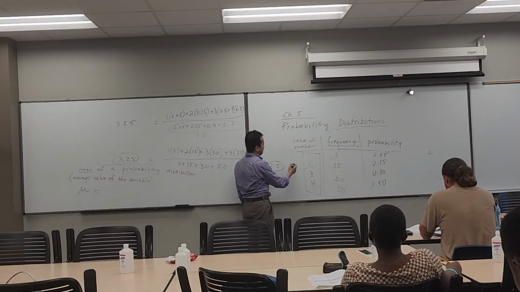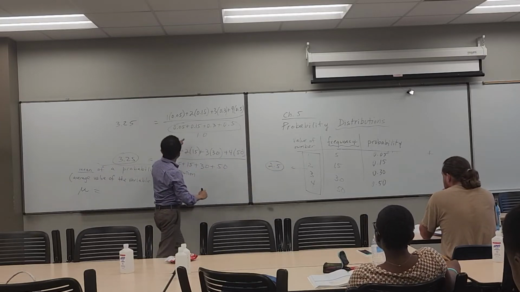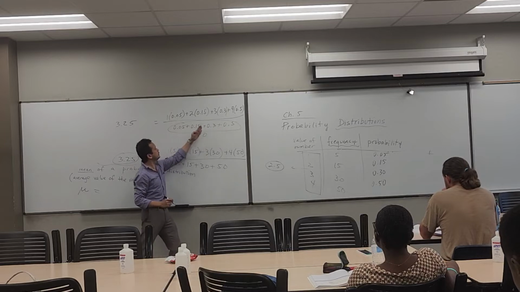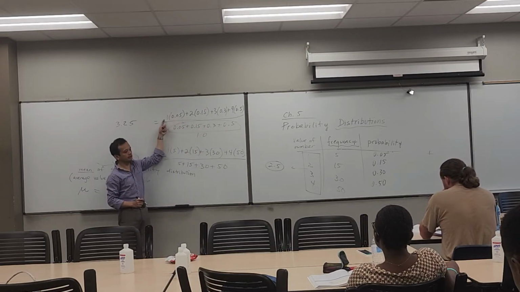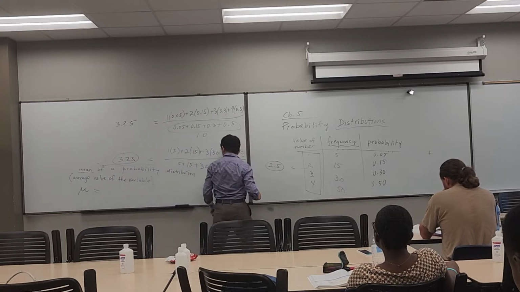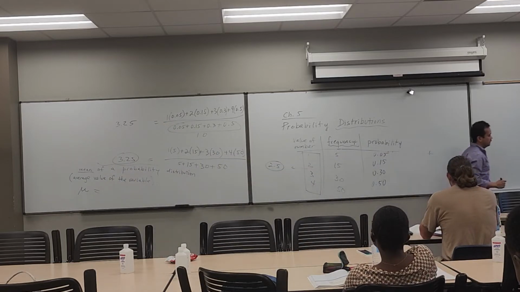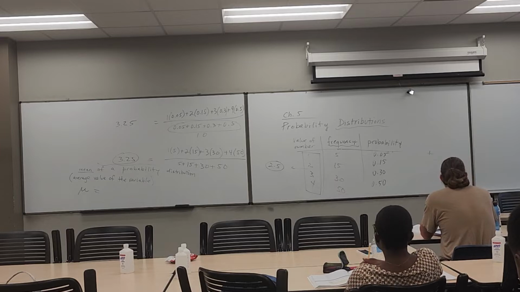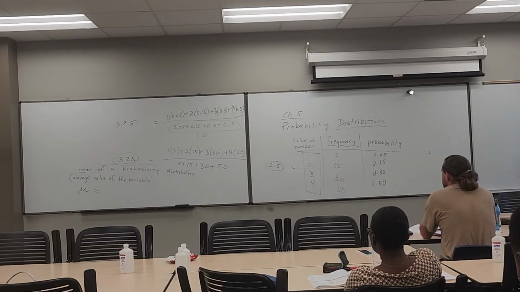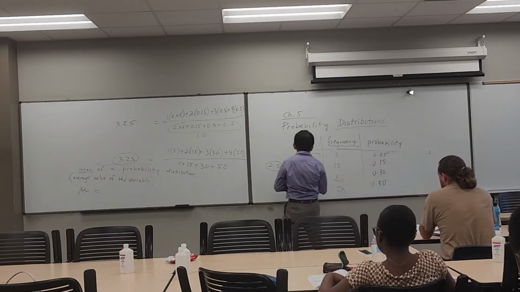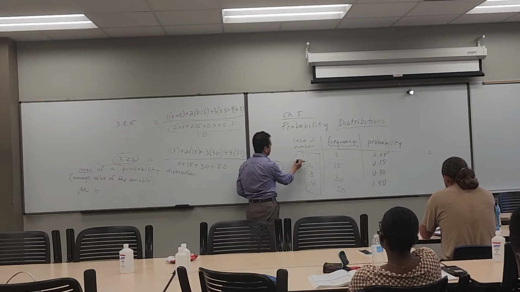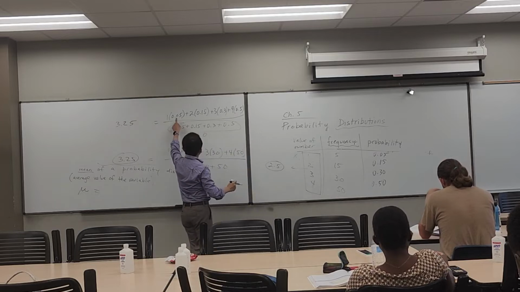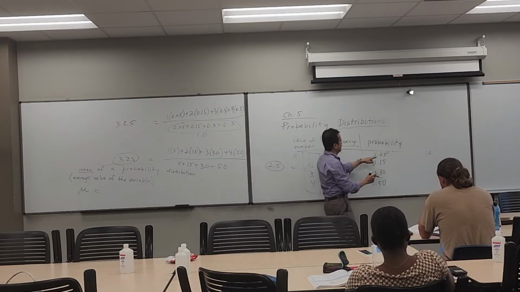So again, the formula we use for this example is this top one here. If you look at the first term here, you have 1 times 0.05. The 1 here is an example of the first x variable, and the 0.05 is an example of the first probability.